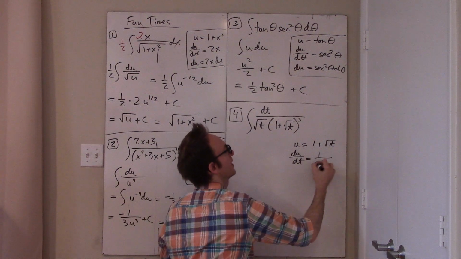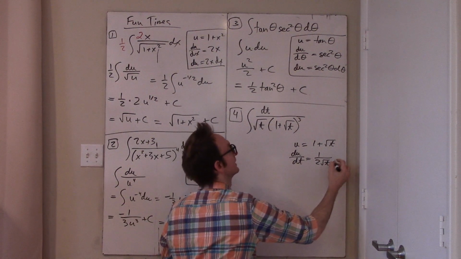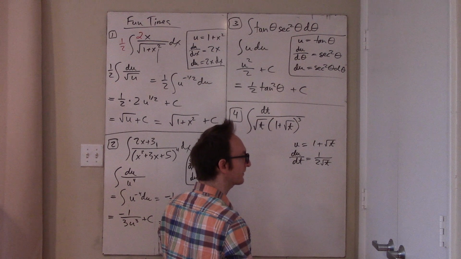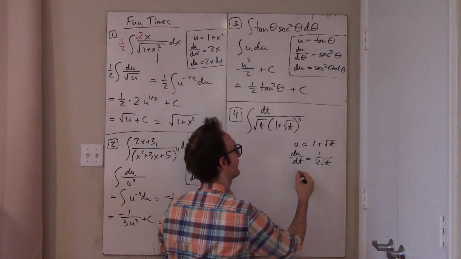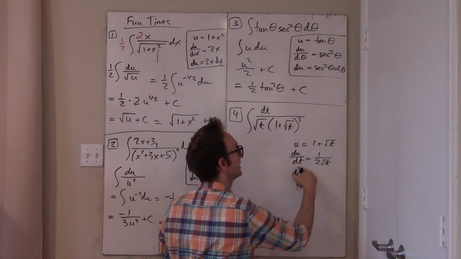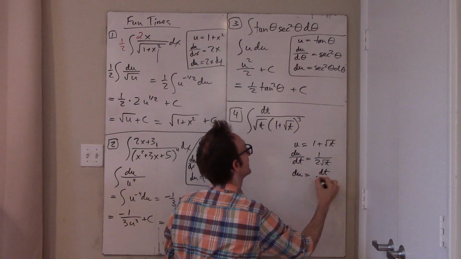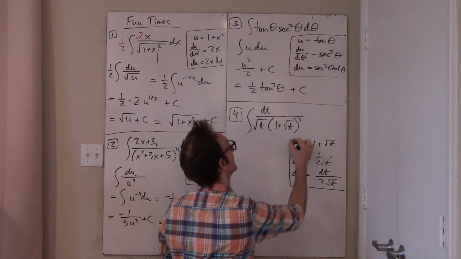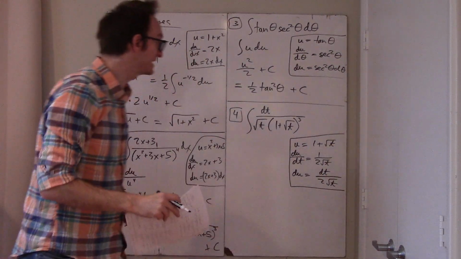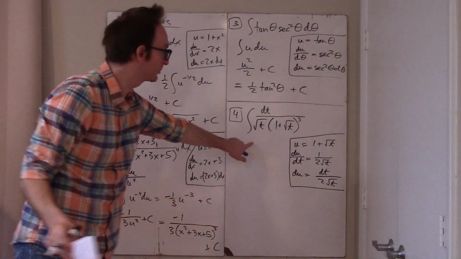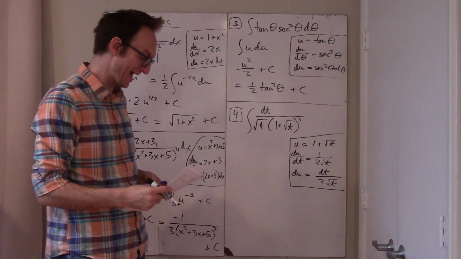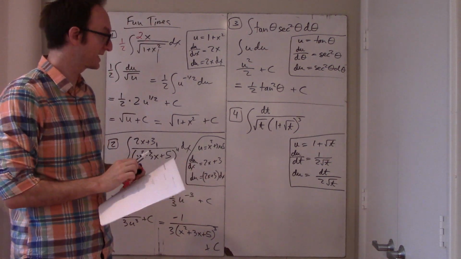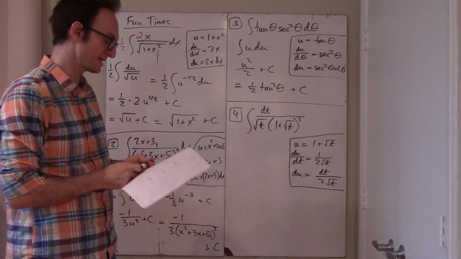In other words, 1 over 2 root t. And therefore du is dt over 2 root t. And if du is dt over 2 root t, then now I hope you see that that's almost exactly what we have here. What's missing is just the 2 in the denominator.